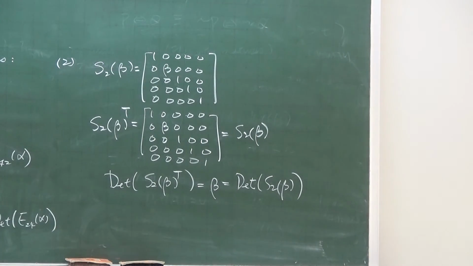How about the row exchange or the permutation matrix? So P 2 4, so it's 1, 0, 0, 0, 0, 0, 0, 0, 1, 0, 0, 0, 1, 0, 0.